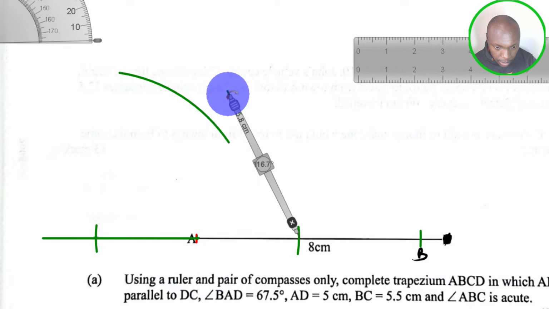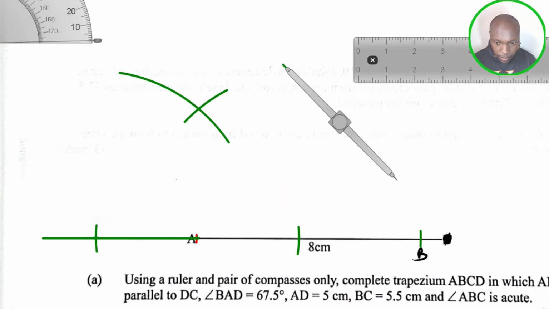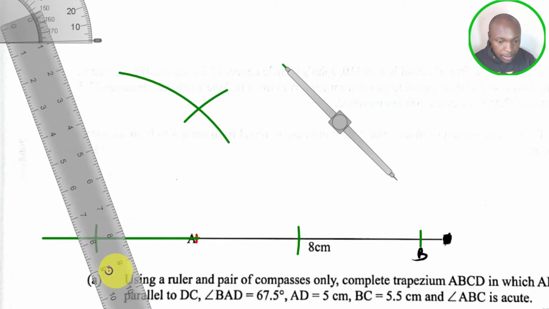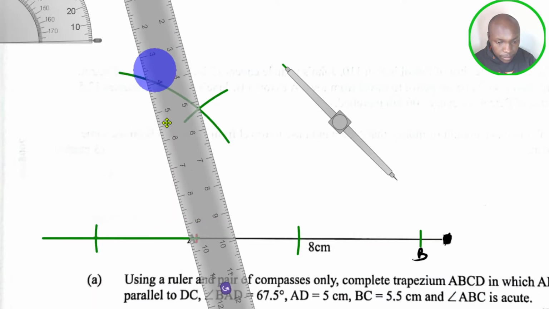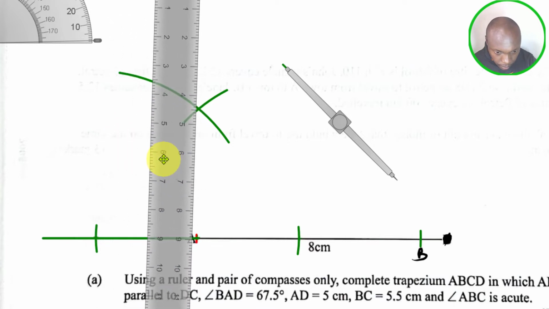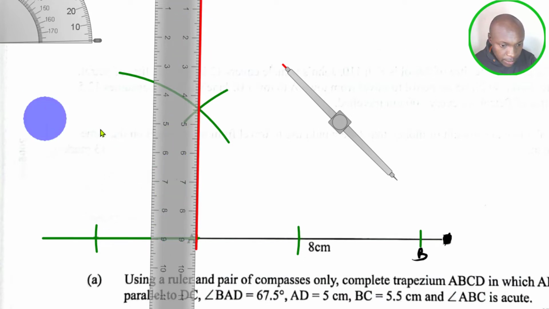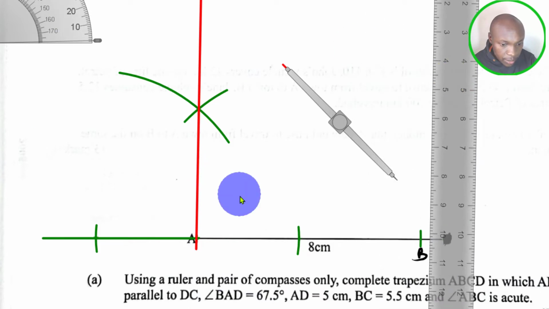Then I cut this arc. I cut that arc like that. Now that is when I join this point using a straight line through that point A. This will give 90 degrees. So if I join with a straight line there, this angle that is here, this is 90 degrees.